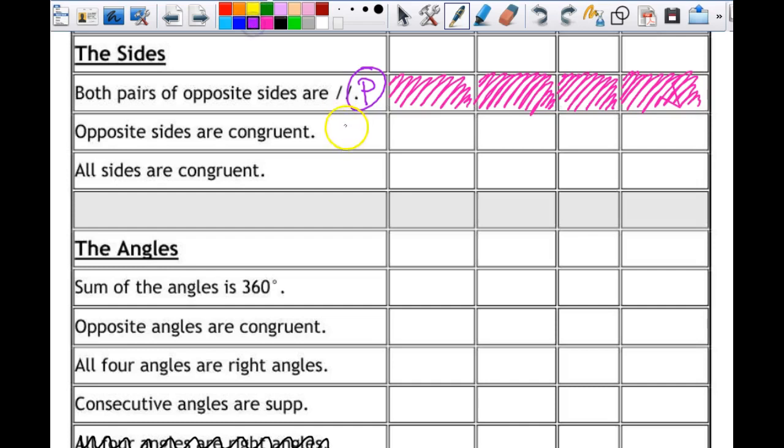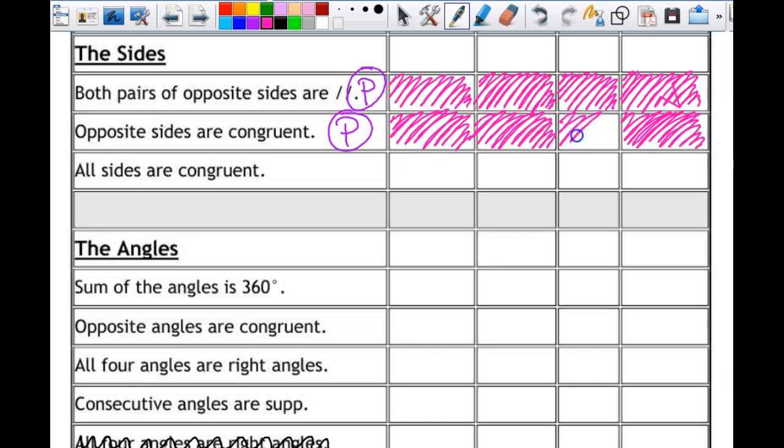So since it is a parallelogram property, I know that it's going to apply to all parallelograms. And if I'm going to color this one in, then these three are all special kinds of parallelograms, so it applies to rectangles, rhombus, and square as well. Make sense?